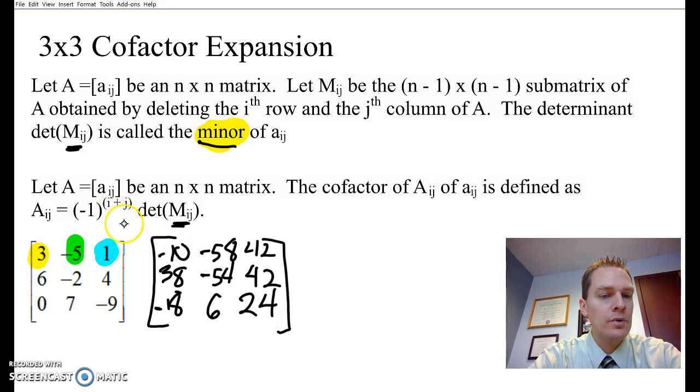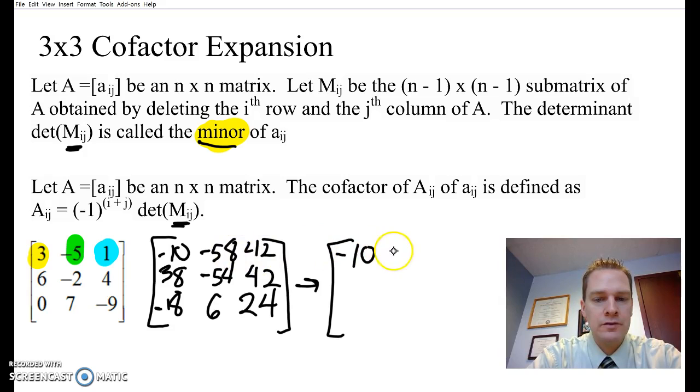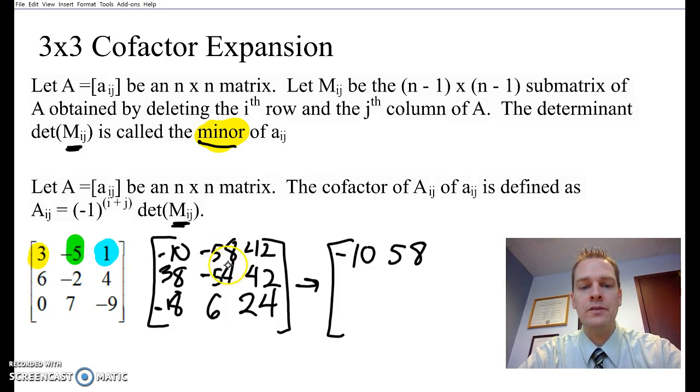If I take 1 plus 1, because it's 1 row, 1 column, I'd raise negative 1 to the second power, and this entry would stay the same. I think you can figure out where the pattern is going, that basically every other entry is going to change. So this negative 58 will change to a positive 58 because the rows and the columns for that entry basically add up to an odd number.